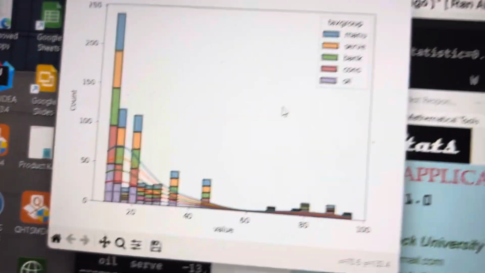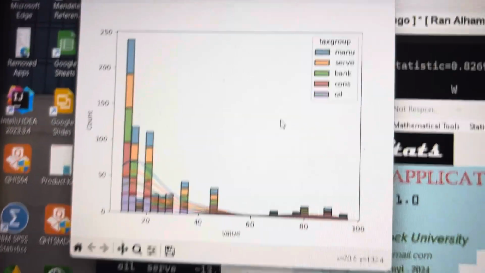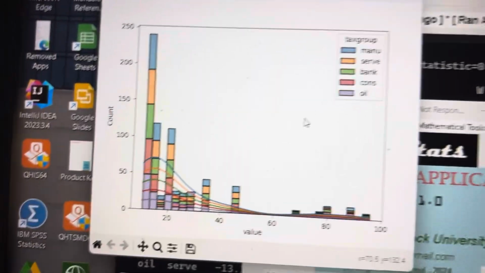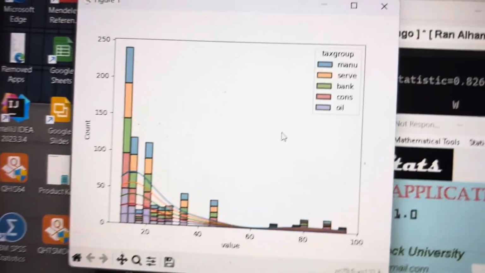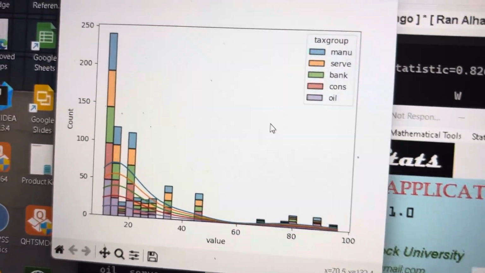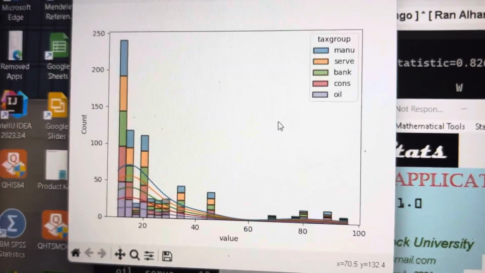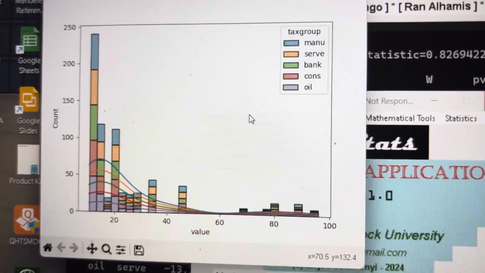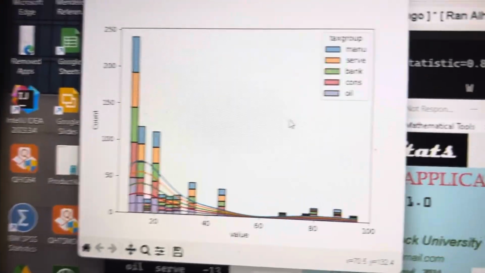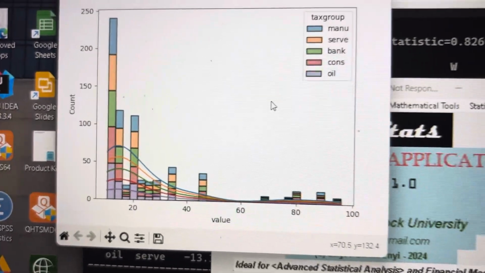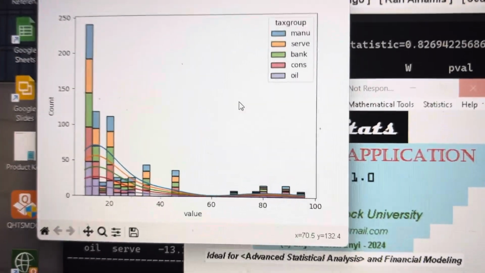Now, the essence of this is just to show you that a lot of graphs or plots are included, and it's left for the user or the researcher to select the one that is most relevant, that can explain what he or she has done.